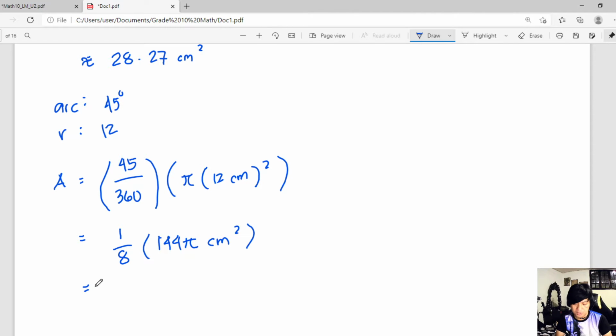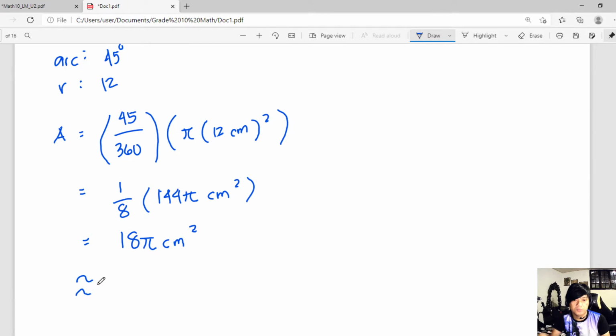So 1 over 8 times 144. So 144 divided by 8 is 18. So we have 18 pi centimeter squared, or approximately, 18 times pi is 56.55 centimeter squared.